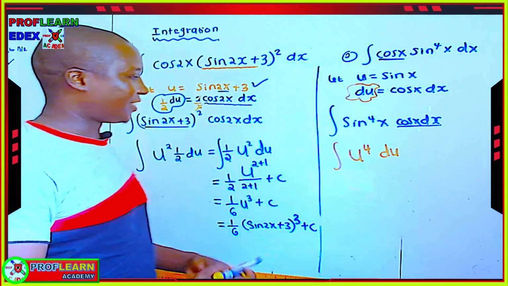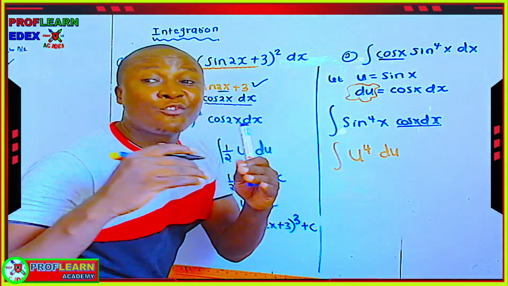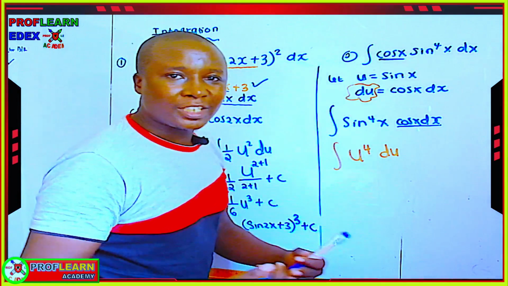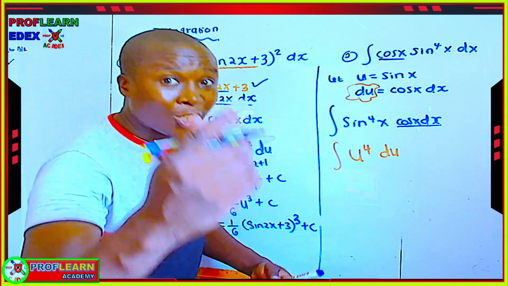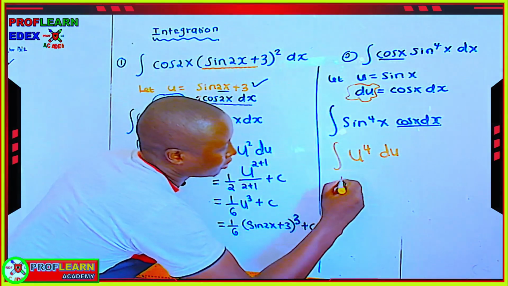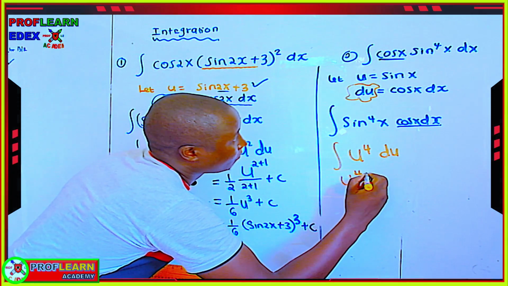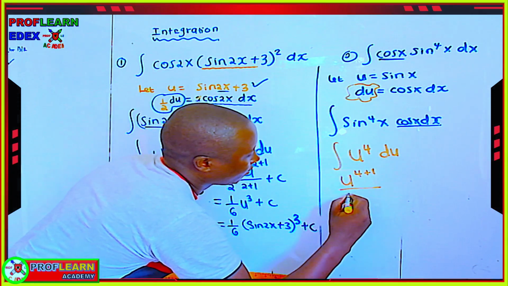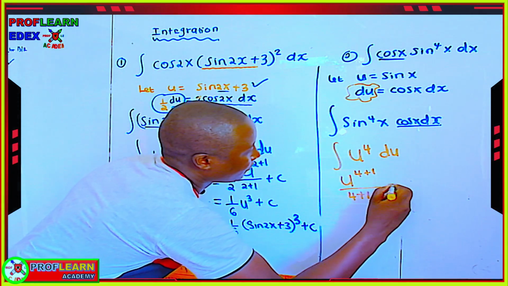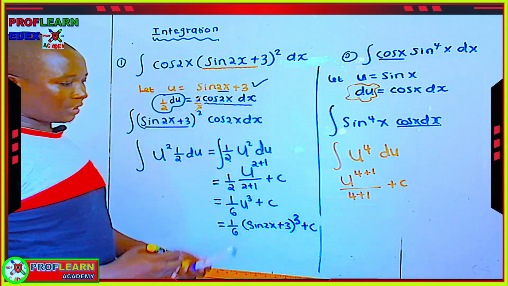So once you have this, you can perform the normal integration technique for polynomials. Which will mean that this is going to be u power 4 plus 1 over 4 plus 1, then plus c at that point.